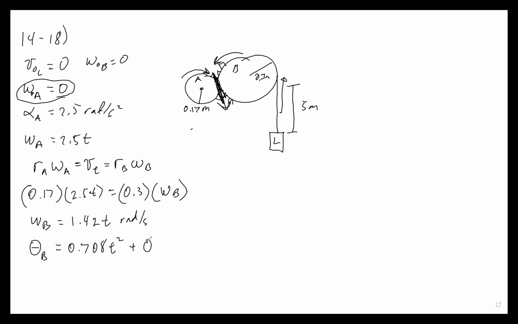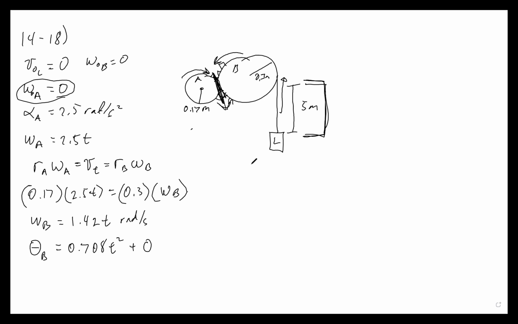Now we have to know when we get to a particular position. We want to find our new position, but this 5 meters is a linear change in distance. We need an angular change in distance.